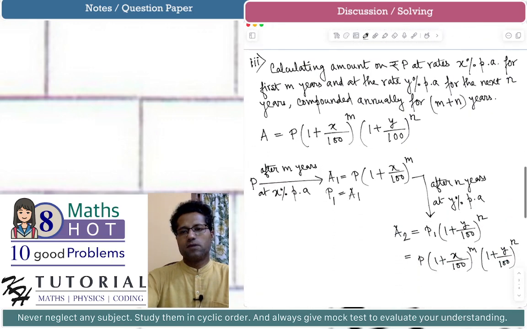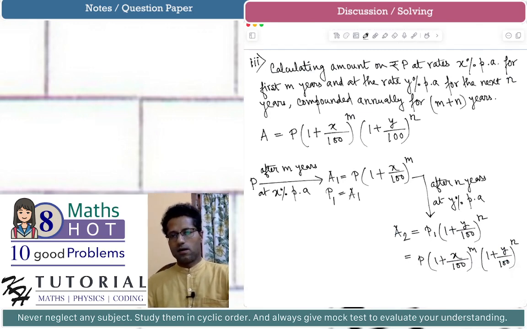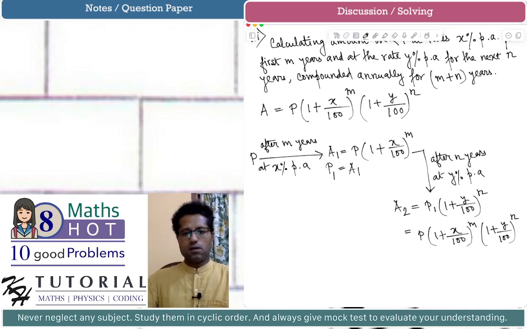Let's say if the order is changed in this case 3, then what will be the amount?